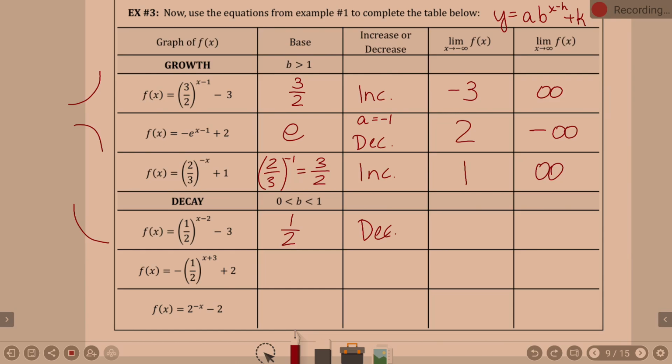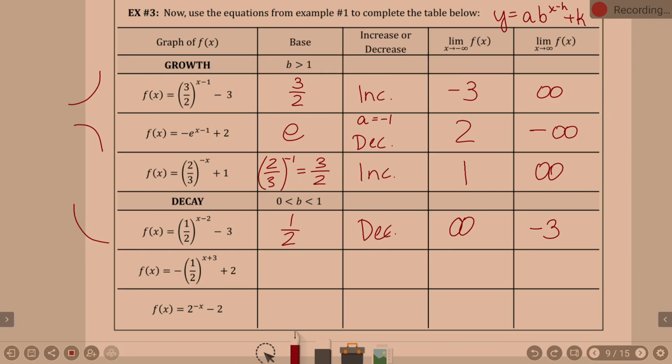Limit as x approaches negative infinity? And as x approaches positive infinity? Negative 3. Okay. The negative of 1/2 to the x plus 3 plus 2.